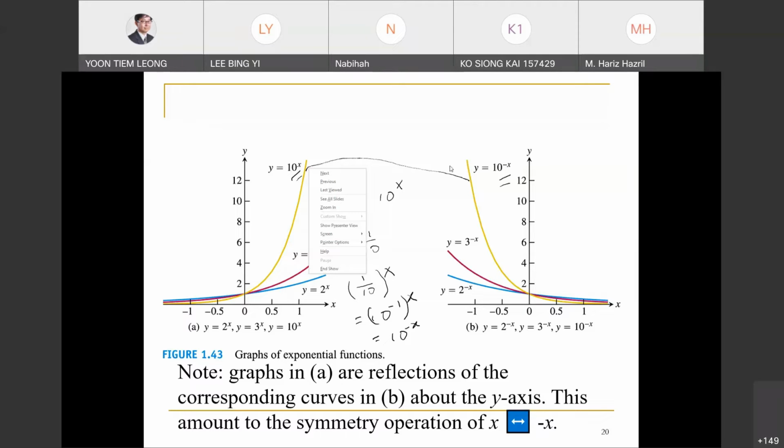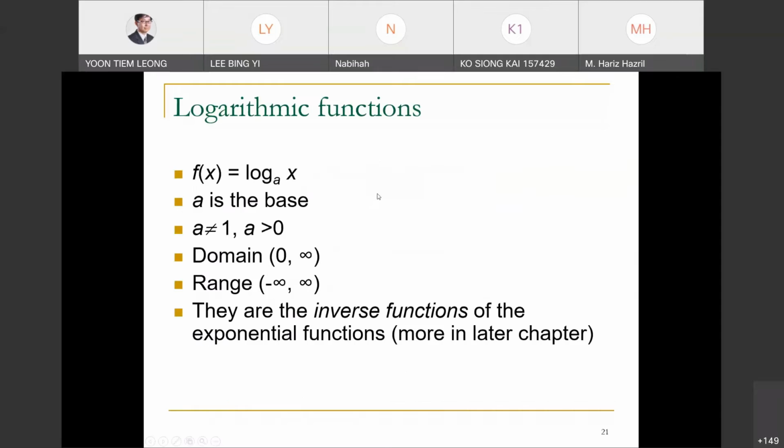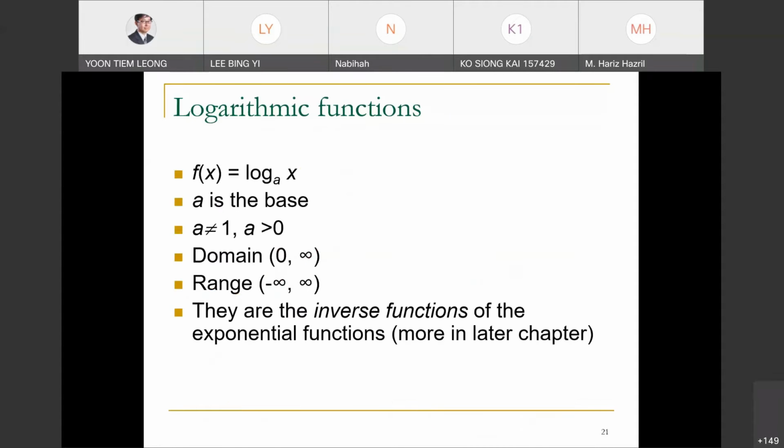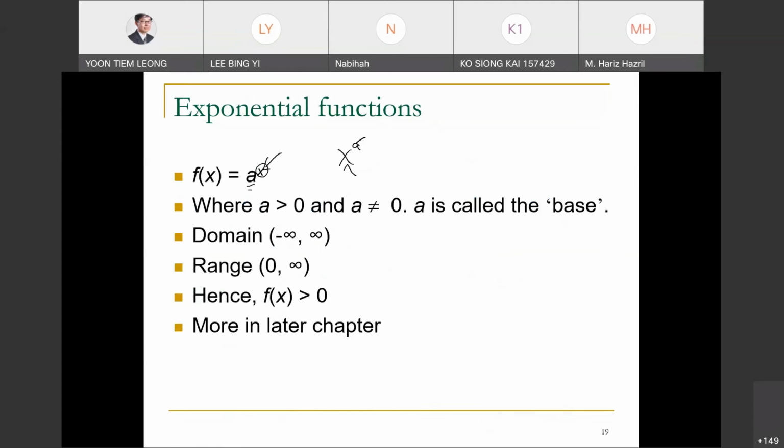We will look at the exponential function in more detail in a later chapter. We have one single chapter that deals exclusively with the exponential function. Then we will also meet what we call a logarithmic function, and how it is very much related to exponential functions.